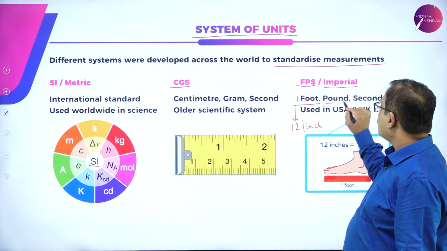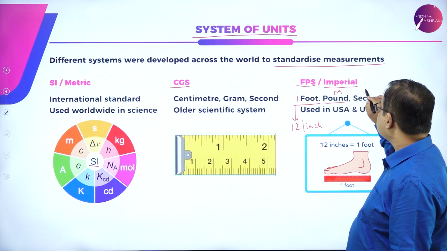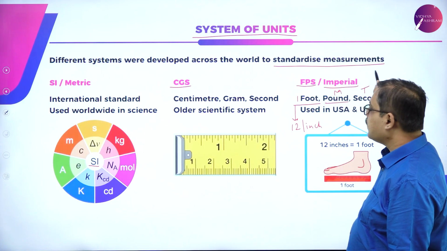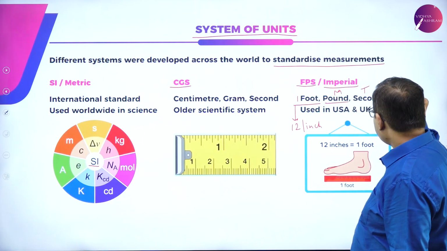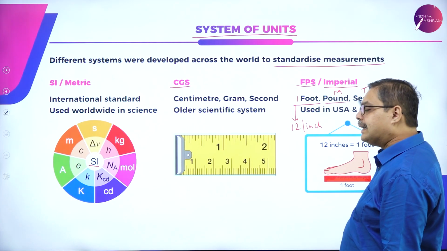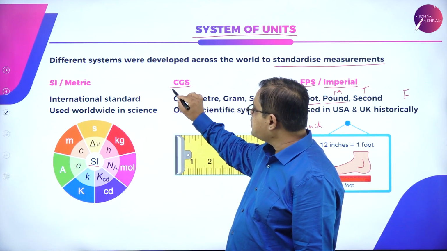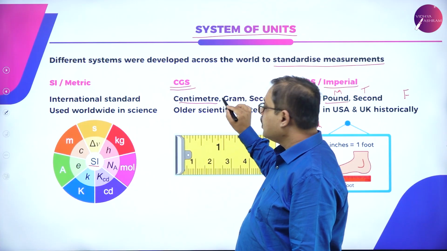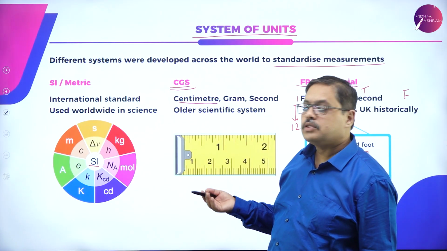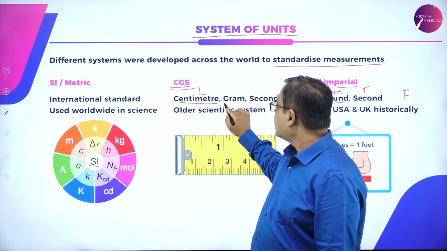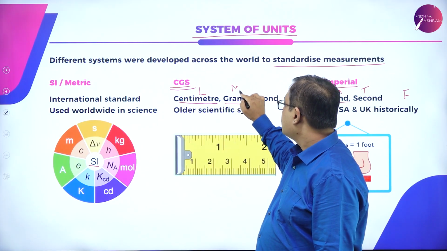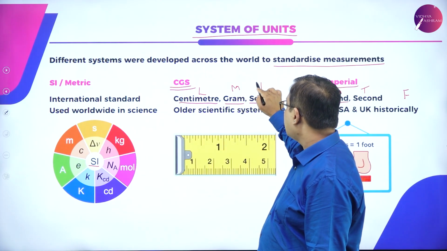Similarly, pound was used for measurement of mass and second was used for measurement of time. Okay, Fahrenheit was used for measurement of temperature. Similarly, there was a CGS system where centimeter was mainly used for measuring length, gram for measuring mass, once again second for measuring time.